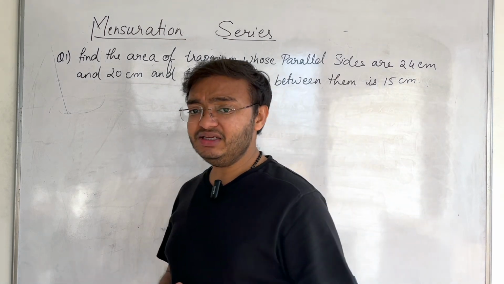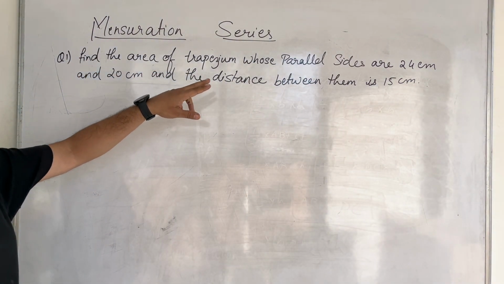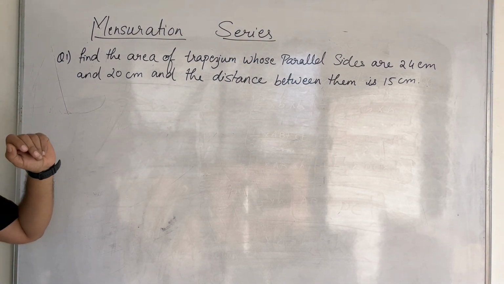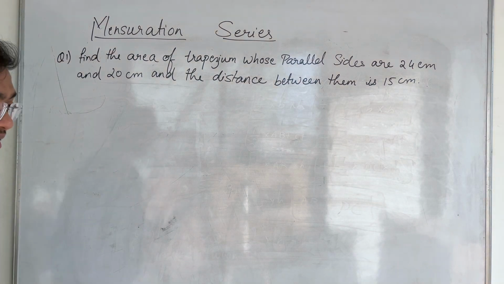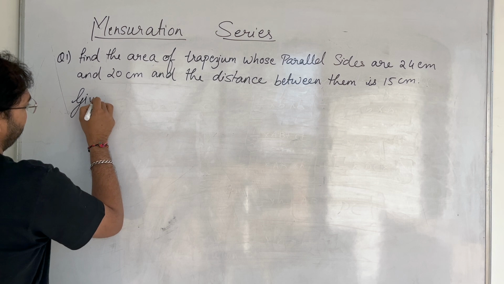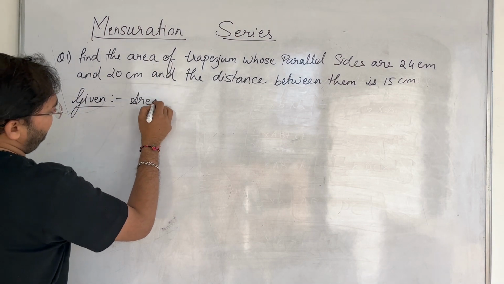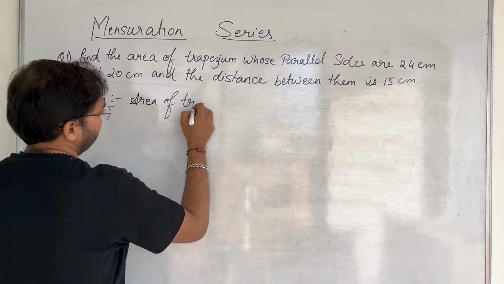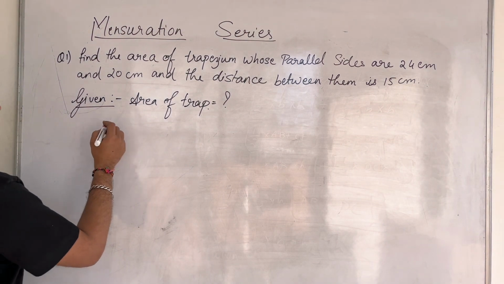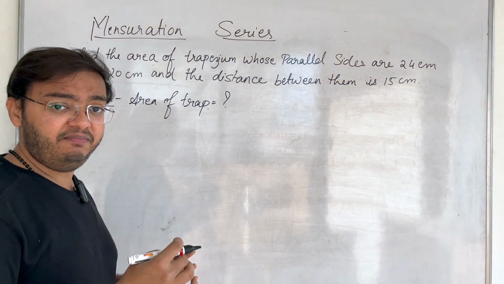Now, let's see this question. The question says: find the area of the trapezium whose parallel sides are 24 centimeter and 20 centimeter and the distance between them is 15 centimeter. So let us first collect the basic details from the given question. We have to find the area of the trapezium. The parallel sides we have denoted as B1 plus B2.